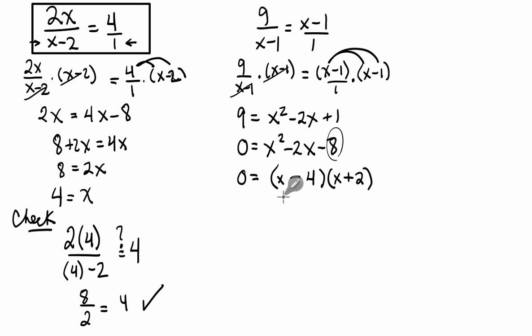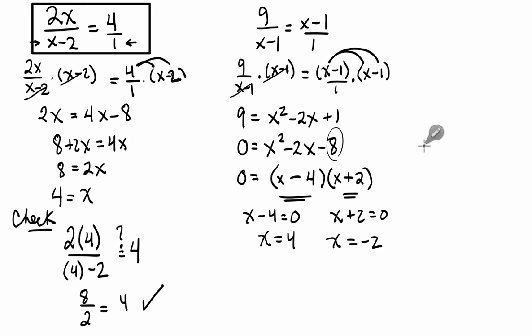Now, once you get 0 equal to factor number 1 times factor number 2, each of those two factors independently can be set equal to 0, which yields the two results, x equal 4 and x equal to negative 2.